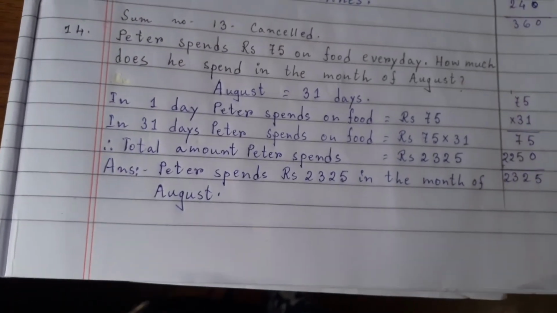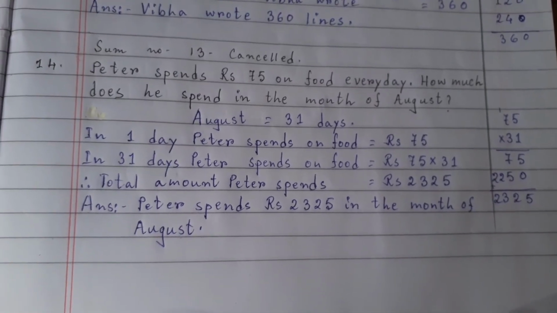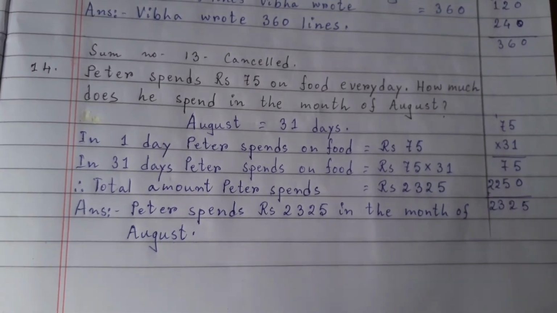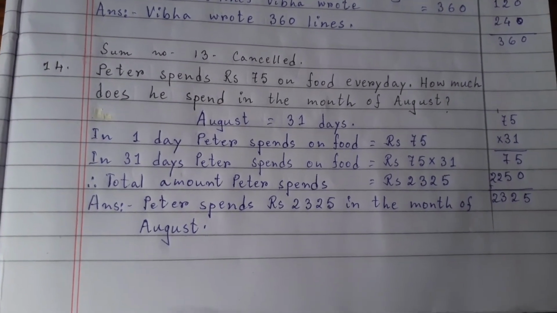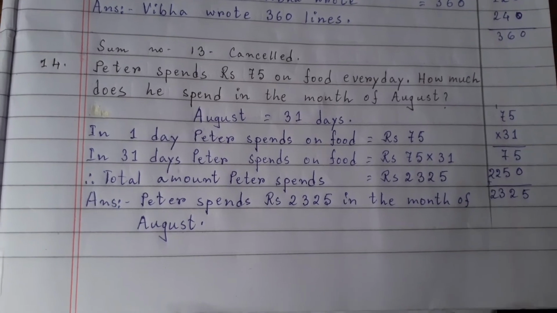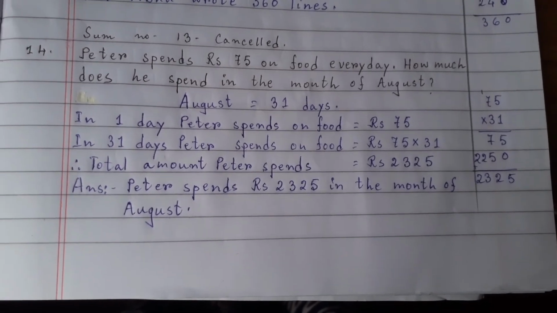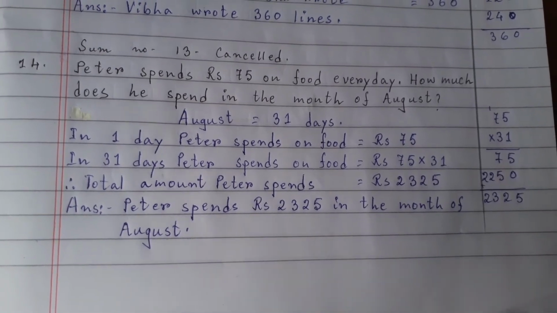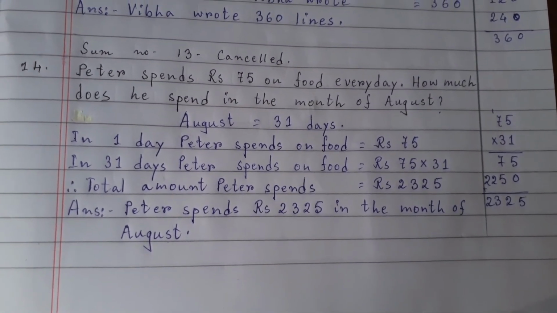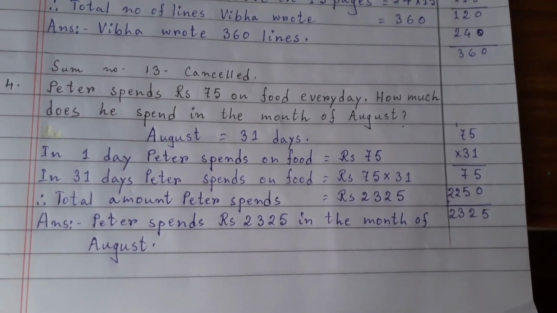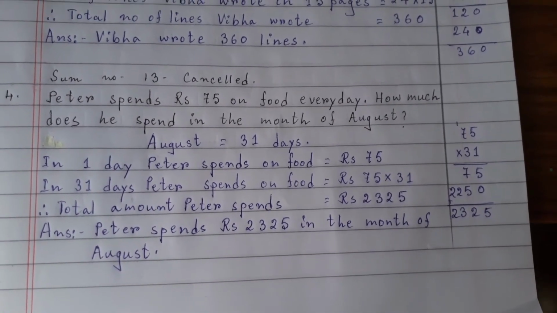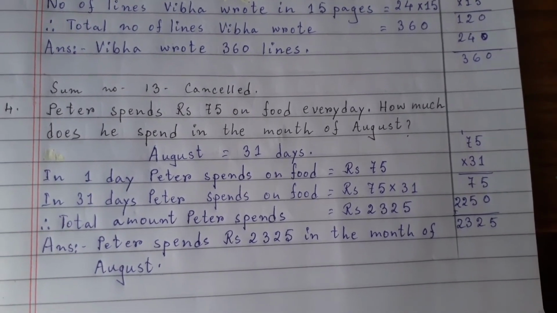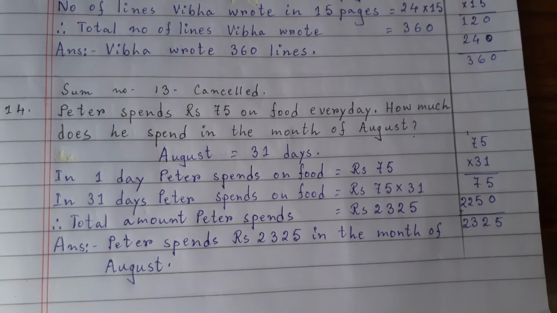So at first we will write in one day Peter spends on food is equal to rupees 75. Then we will write in 31 days Peter spends on food is equal to rupees 75 multiplied by 31. We will do the multiplication in the rough and the answer is rupees 2325.